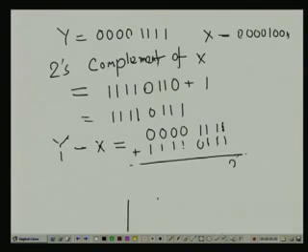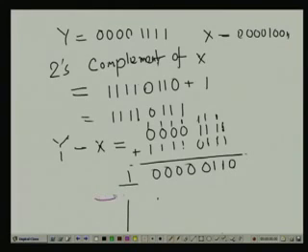So, 1 plus 1 is 0, carry 1, again 1 plus 1 is 0, carry 1, and so on, carry 1, overflow, and this is neglected or discarded.